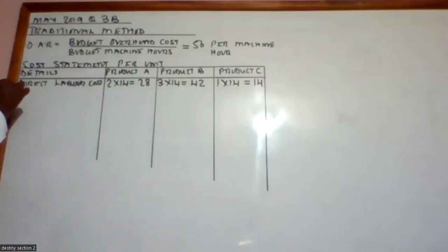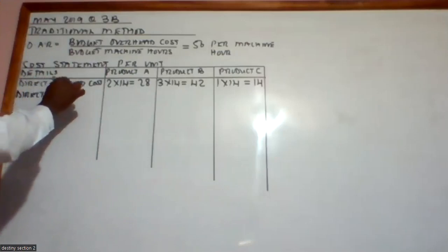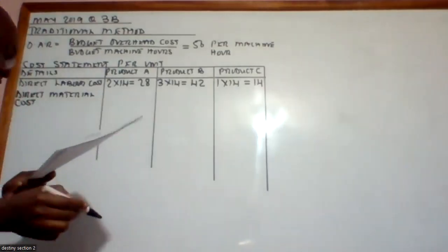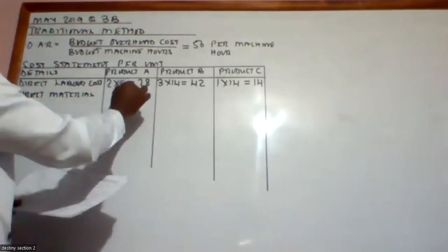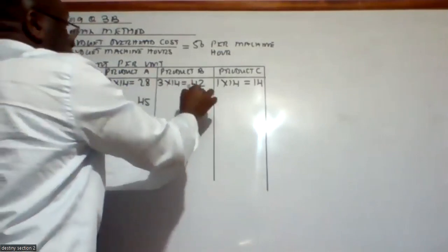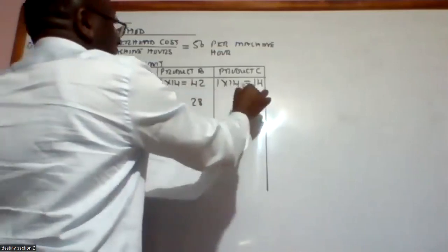Now, direct material costs. Direct material costs, that one we are already given: 45, this is 28, and this is 52.